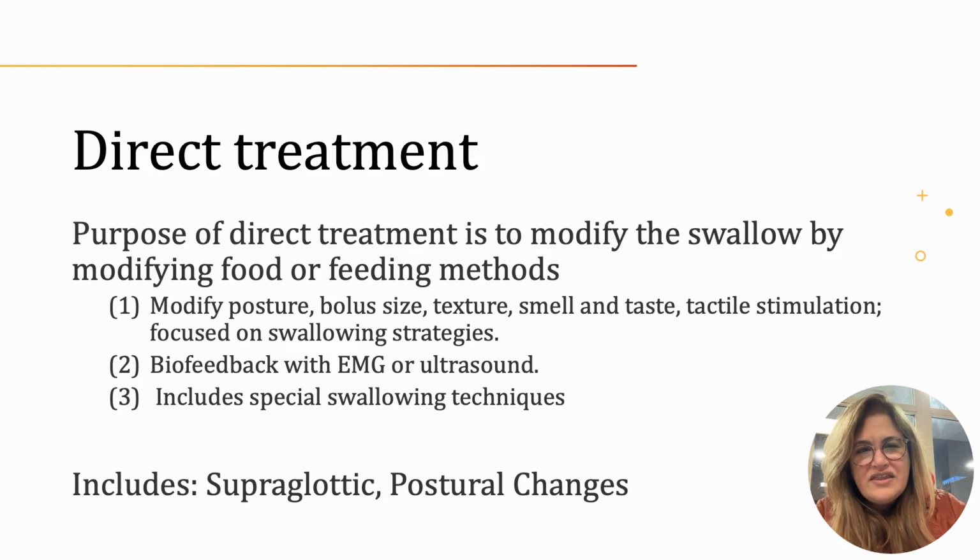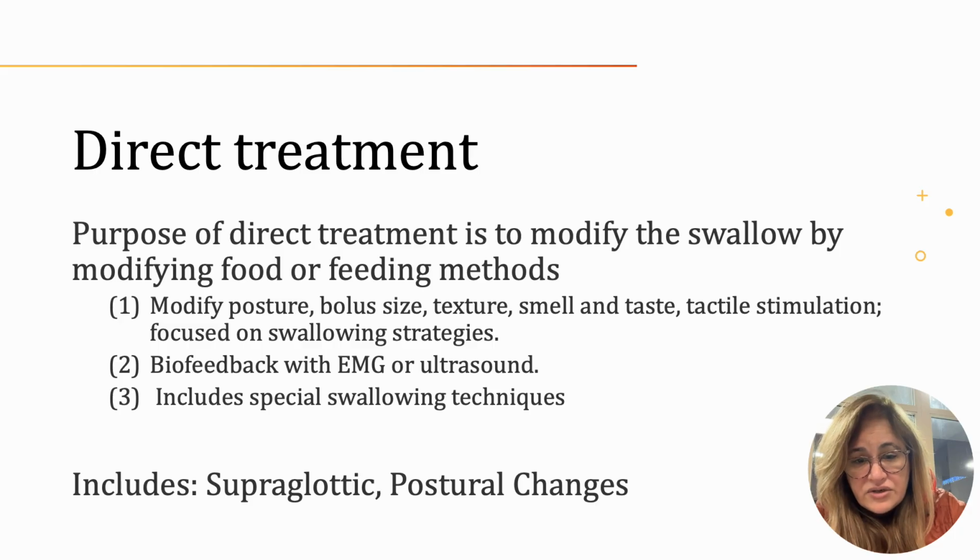We divide them into direct treatment versus indirect treatment. The direct treatments have the purpose of modifying the swallow by modifying the food or feeding methods, like with postures, the size of the bolus, textures, flavors, and stimulation strategies. We use a lot of biofeedback.